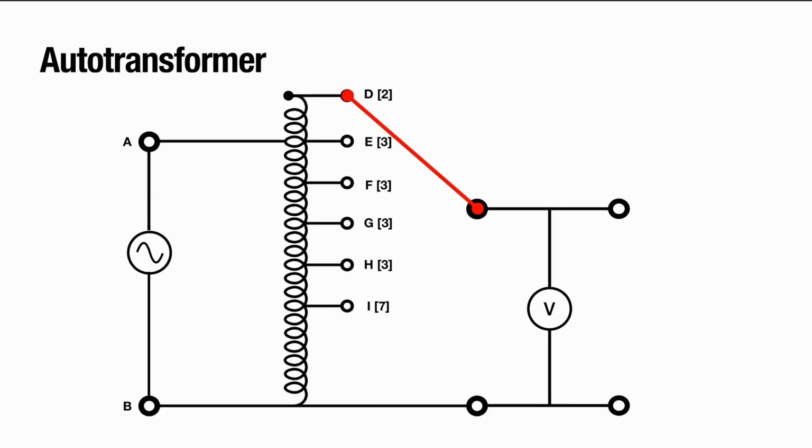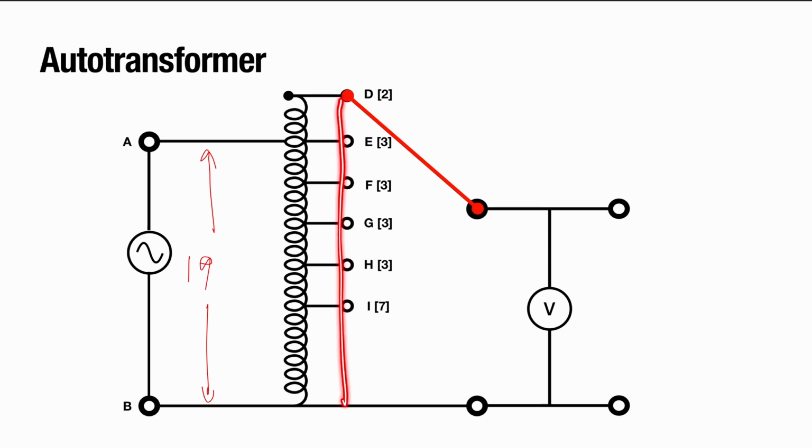Let's change things up, for instance. Now, in this configuration, how would you guess that autotransformer would work? Well, the number of windings on the primary side is still 19, but on the secondary side, the number has changed. It's not 19, but it's 19 plus 2.